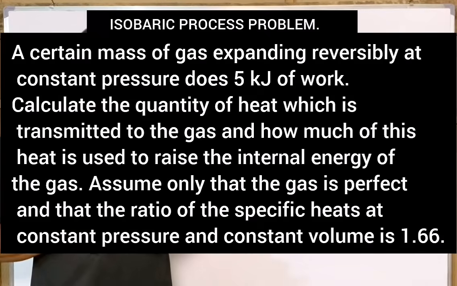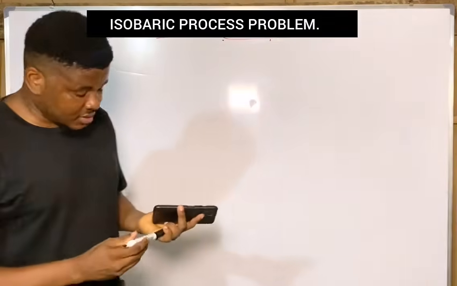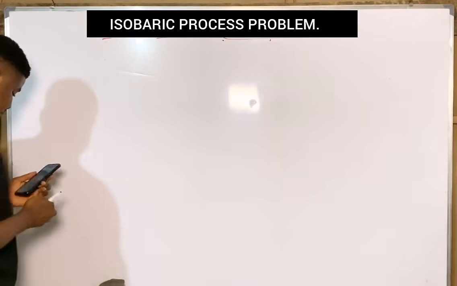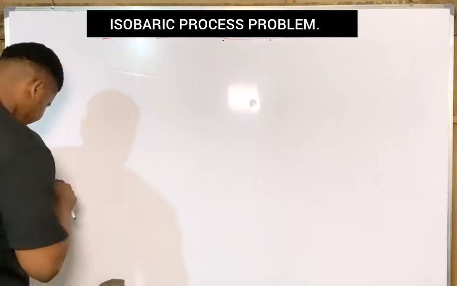Assume only that the gas is perfect and that the ratio of specific heats at constant pressure and volume is 1.66. So first, let's pick out our parameters, everything that was given to us in that question.